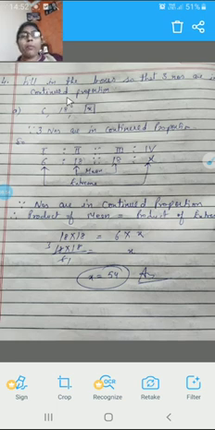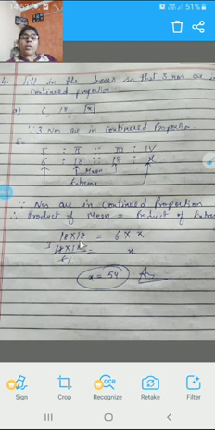And continued means the middle term repeats 2 times, right? So now because the numbers are in continued proportion, the product of means should be equal to the product of extremes. What is the mean? 18 multiplied by 18, and the extreme is 6 multiplied by x. Because both are equal, as we said that in proportion they are equal, when we simplify we get x is equal to 54.